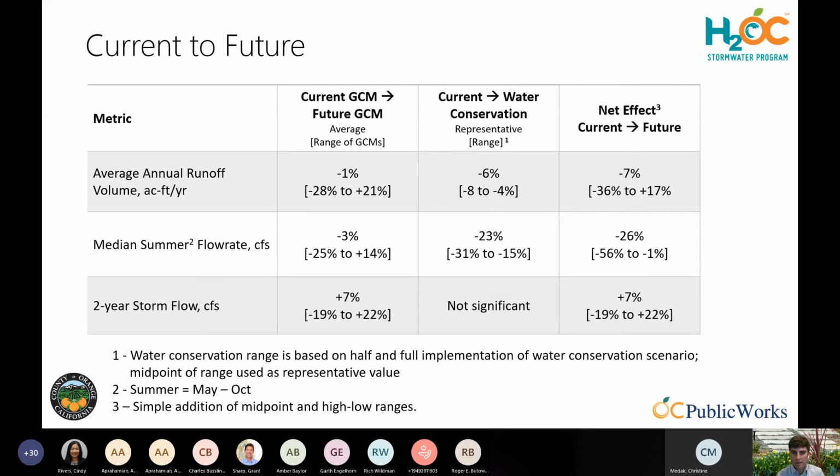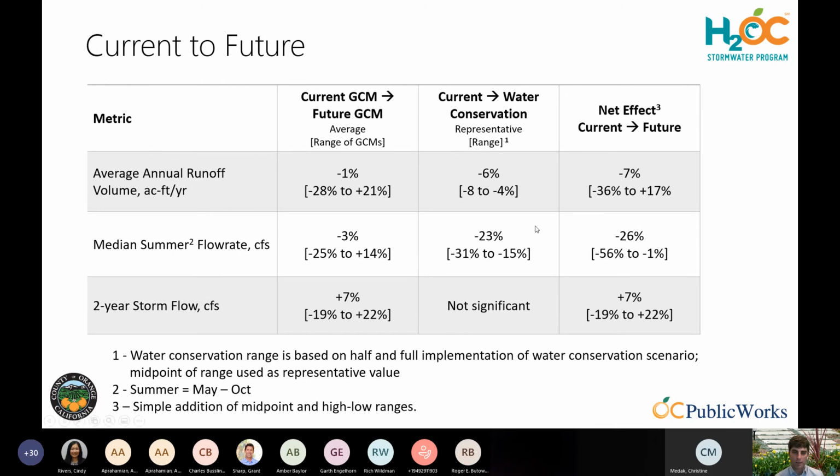Water conservation comes from statewide mandates to reduce water use and alleviate water shortages, so these are not independent. This analysis basically says what happens if we change the climate, but we don't change our irrigation patterns at all compared to what we're doing currently.